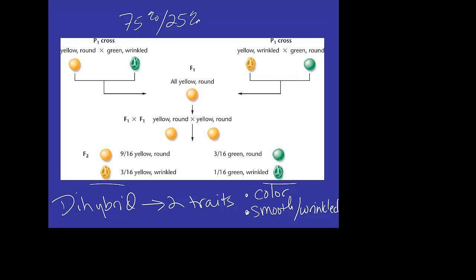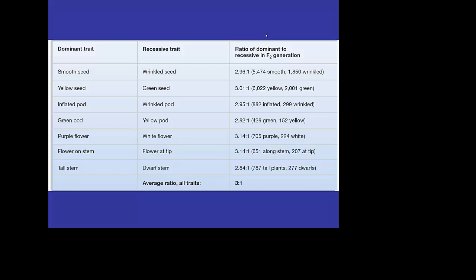So he looked at all of the characteristics that he could possibly think of to see if they would still come out in this 3-to-1 ratio, or 75 to 25%. And here you go. Smooth seeds to wrinkled seeds, 2.96 to 1. Well, give the man a break. It's not quite 3, but it's close enough, right? Because look at the number of seeds he's counted, okay?